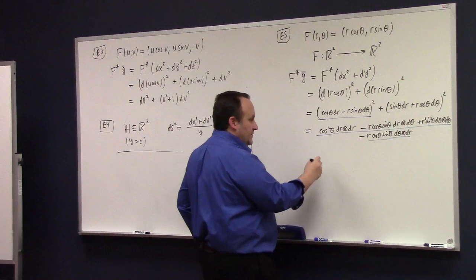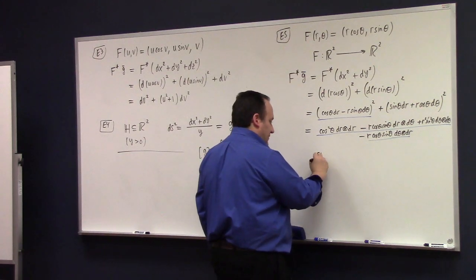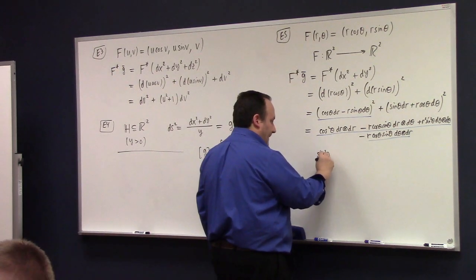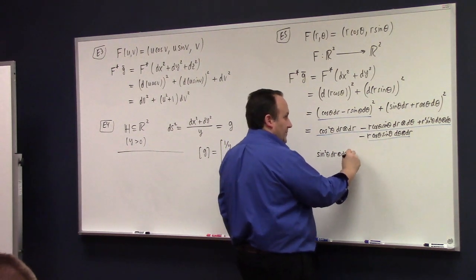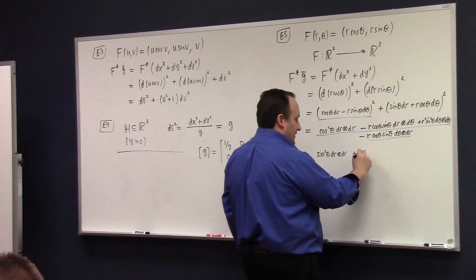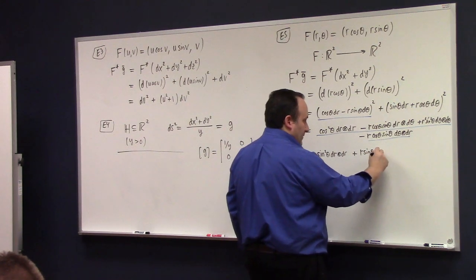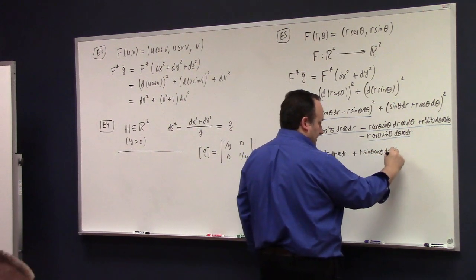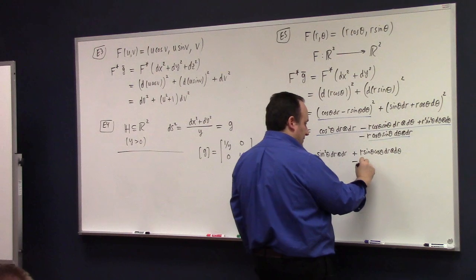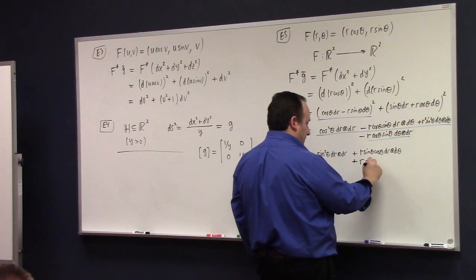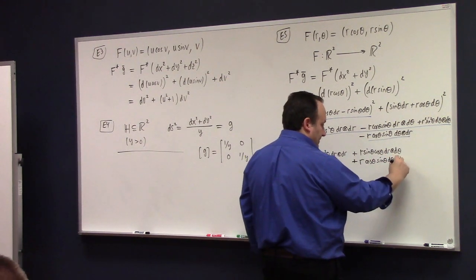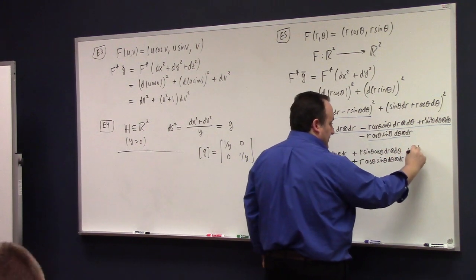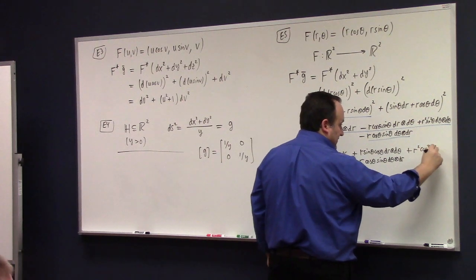And then the other one, I get sine squared theta dr tensor dr, plus r sine theta cosine theta dr tensor d theta, plus r cosine theta sine theta d theta tensor dr, and then plus r squared cosine squared theta d theta tensor d theta.